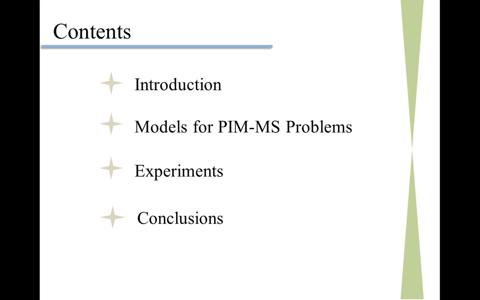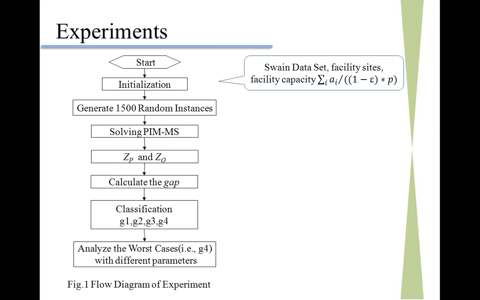Now, let's move away from the second part and switch over to the third part, experiments. At first, we show the flow diagram of experiments at the step of initialization based on swing data set.